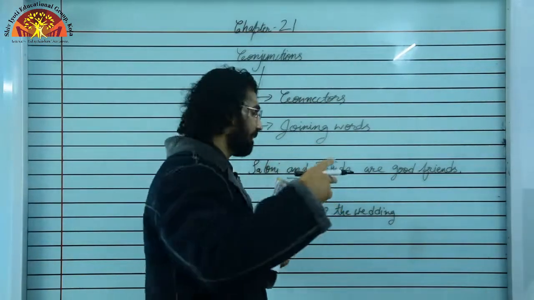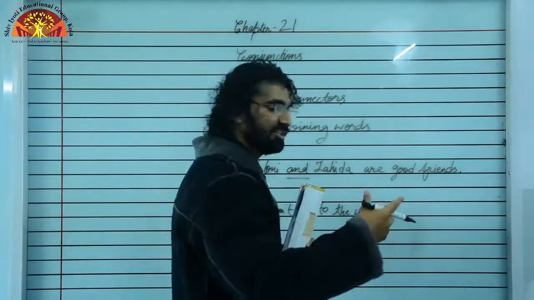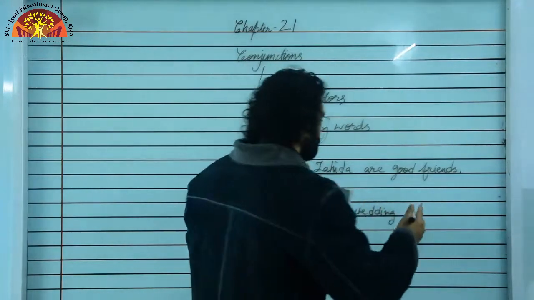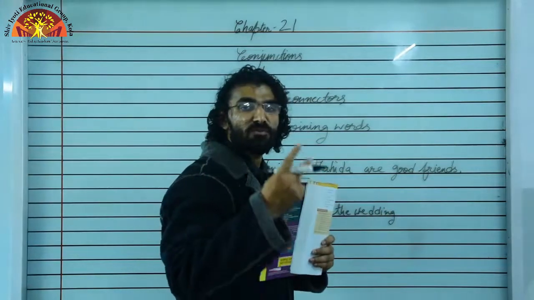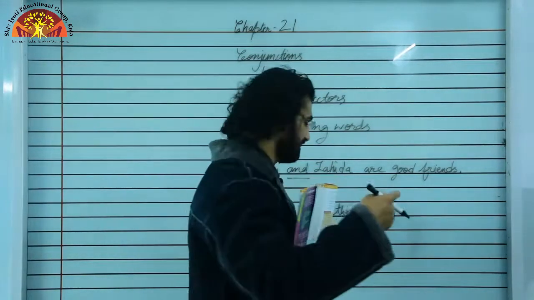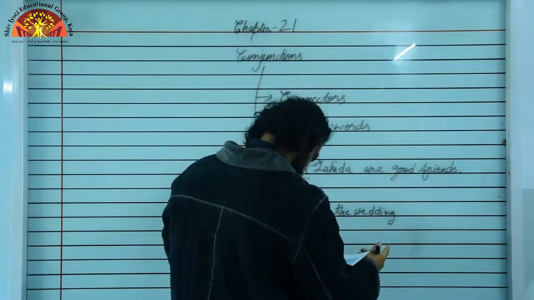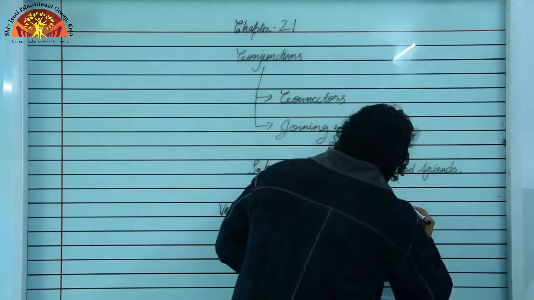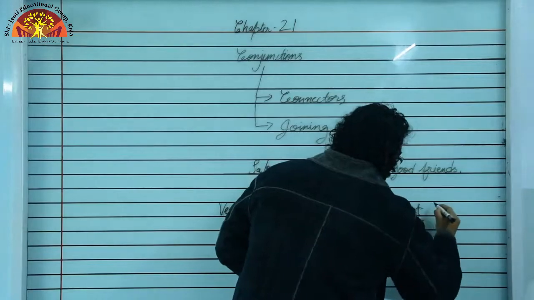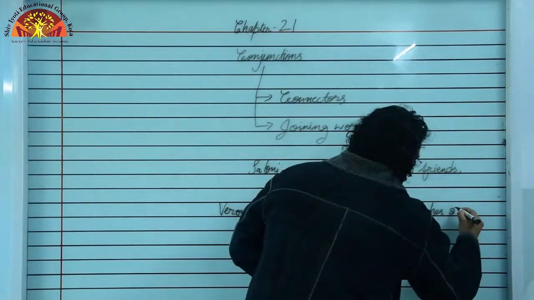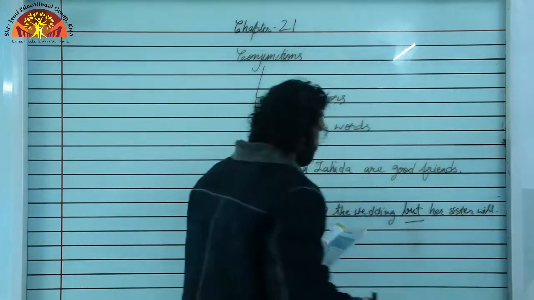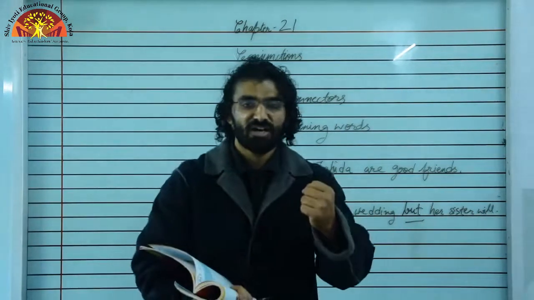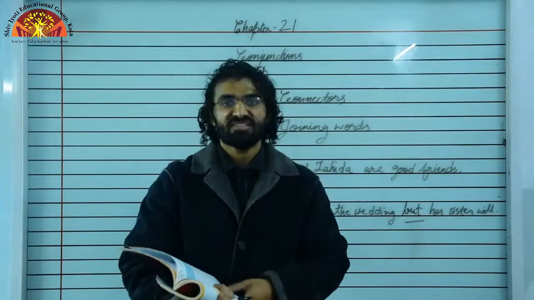But with the help of this conjunction, "but", we are able to join both these sentences and make this sentence from two sentences into one sentence. "Veronica wanted to go to the wedding, but her sister will." Okay? You'll be able to have more command on conjunctions when we see the exercises.